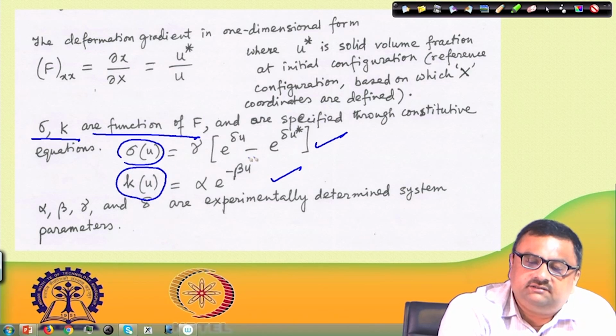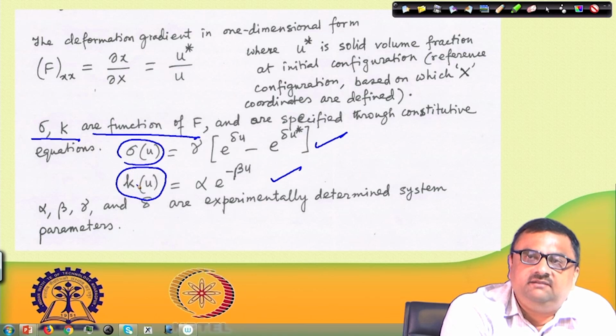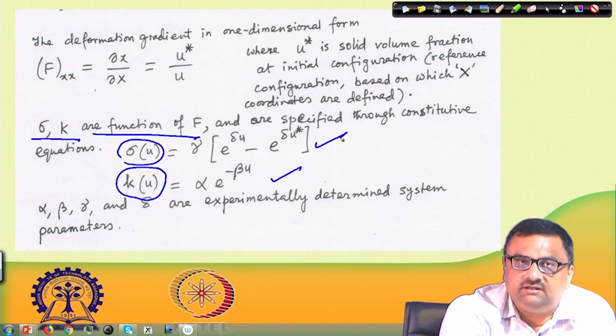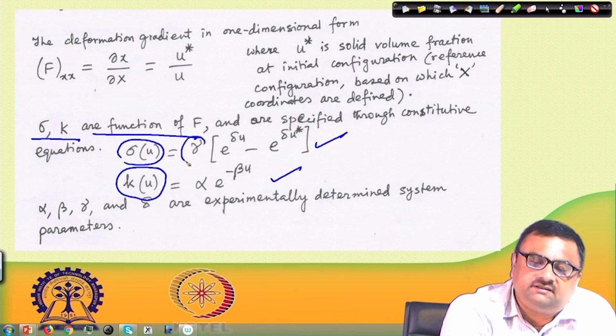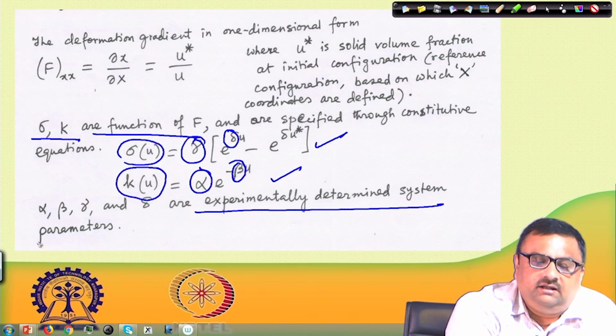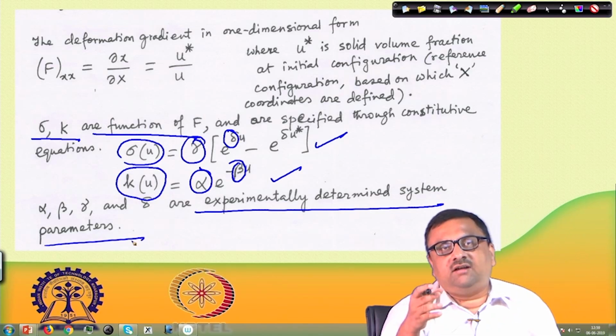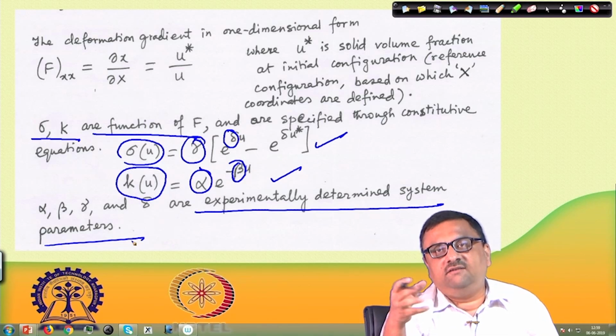So, permeability and sigma are dependent on porosity, and how they are dependent is given by constitutive equations where the constants gamma, alpha, delta, beta are to be determined. These are experimentally determined parameters. Once we know this, we know how, if the solid volume fraction is changed, the permeability is going to change and how the excess stress is going to change.